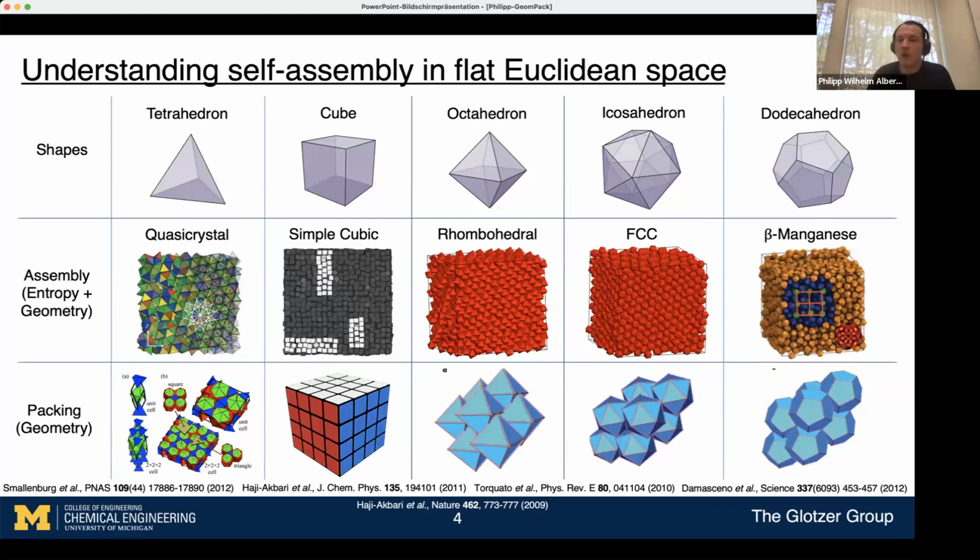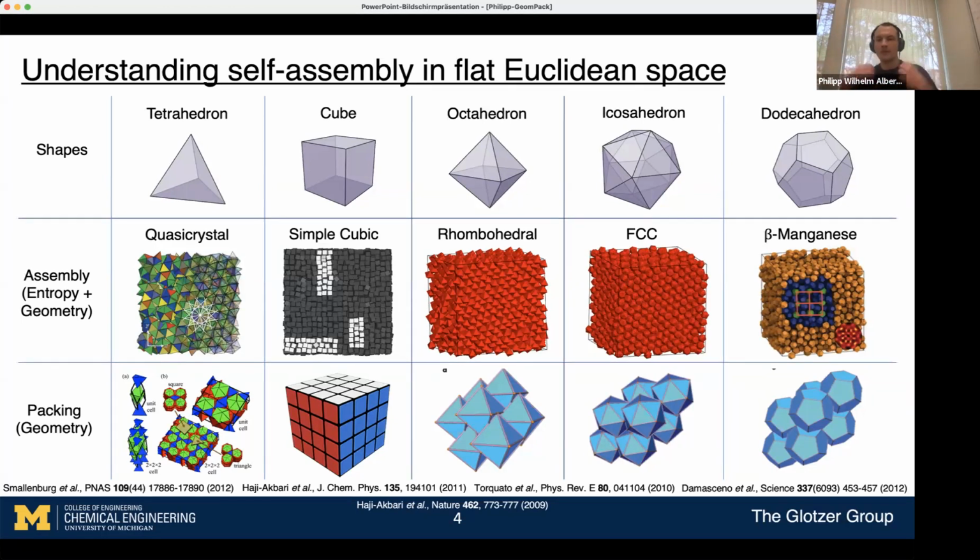But we also have very complicated crystals, like the beta manganese structure, which has two specific Wyckoff sites, which means that there are two specific local environments within this crystal, or even, very famously, the quasicrystal, which self-assembles when you look at the self-assembly of hard tetrahedra.